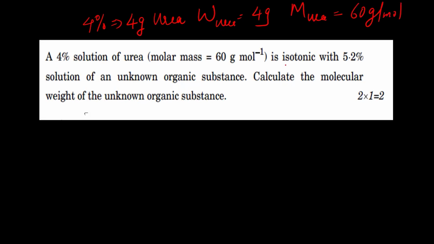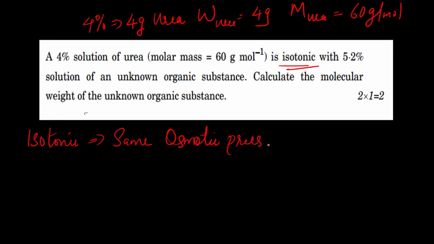And it is said to be isotonic. What do you mean by isotonic? Isotonic means solutions having the same osmotic pressure. It is given that it is isotonic with a 5.2 percent solution.